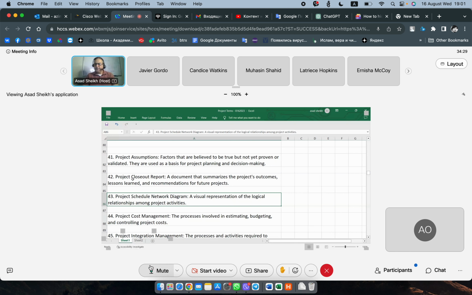Yes, go ahead. About the project closeout report, you said we need to present it to stakeholders. Is it every stakeholder that we want to present it to, or only specific stakeholders? Good question. It depends on your environment where you are doing the project, or your company, but usually at a minimum you have to present it to your sponsors. That would be the minimum.